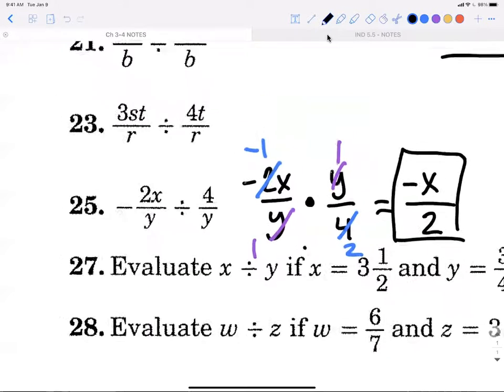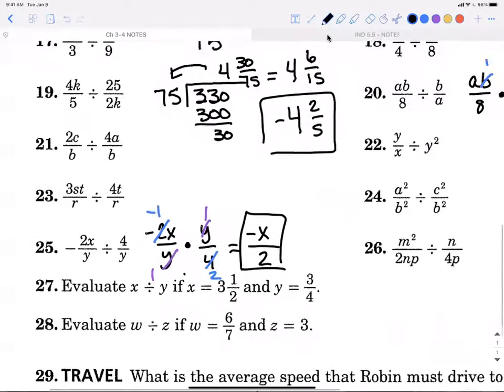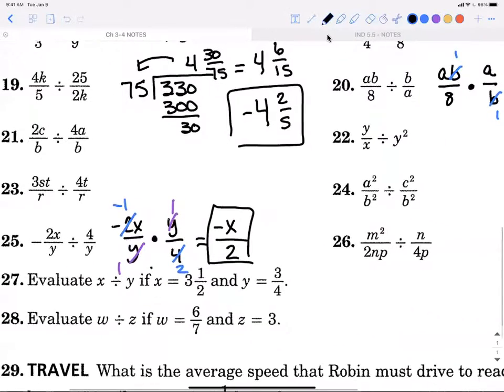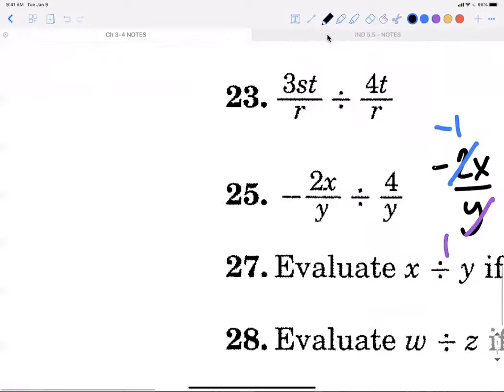And remember I said with anything that has a variable in it, don't change it back to a mixed number. So if you end up with, and I don't know that any of these do, so I'm just going to write you an example out here to the side. If you end up with an answer of 6a over 5b, don't change 6/5 into 1 1/5.